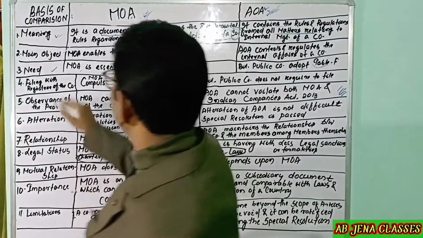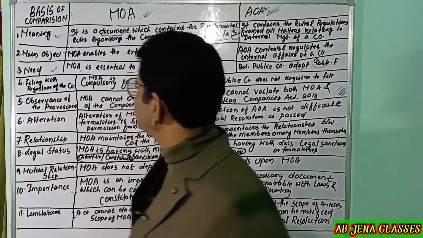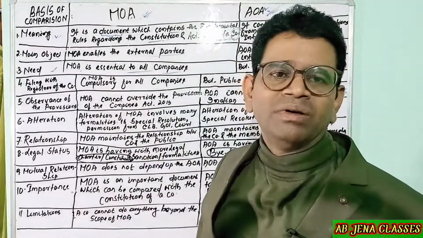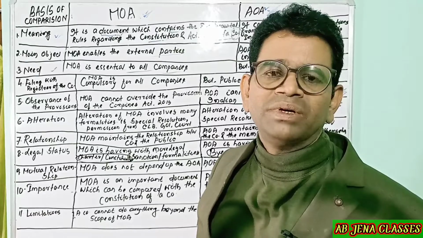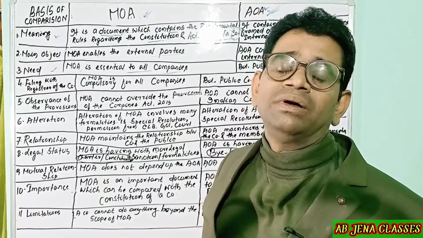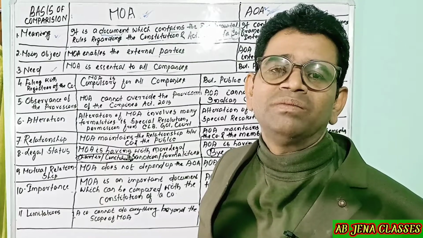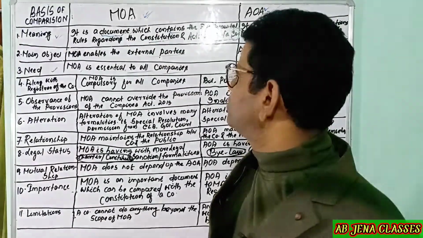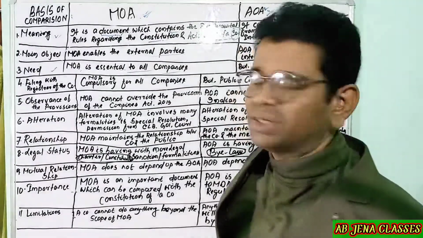Next one is the need. Memorandum of Association is essential for all companies, whether a private company, public company, unlimited company or company limited by guarantee. All types of company require the Memorandum of Association.